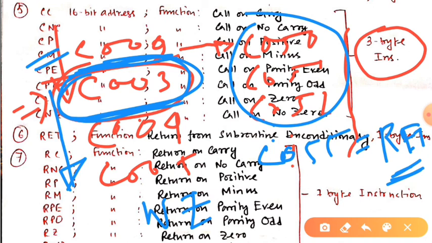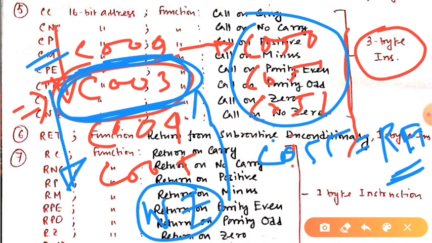The same thing will happen in case of the execution of return instructions. So in case of return instruction also, the memory address will be read from the stack memory, and that will be temporarily stored in the WZ register pair, and the content of the WZ register pair now will be placed on the address bus.